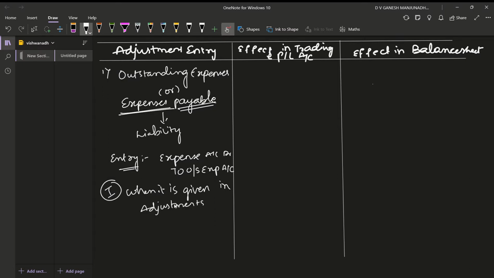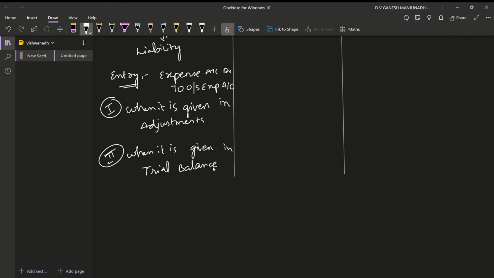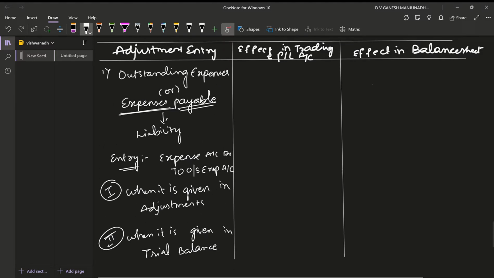That means we have to follow one approach when it is given under adjustments, and another when it is given in the trial balance. When it is given in adjustments, as the entry shows, we have to debit the expense again.